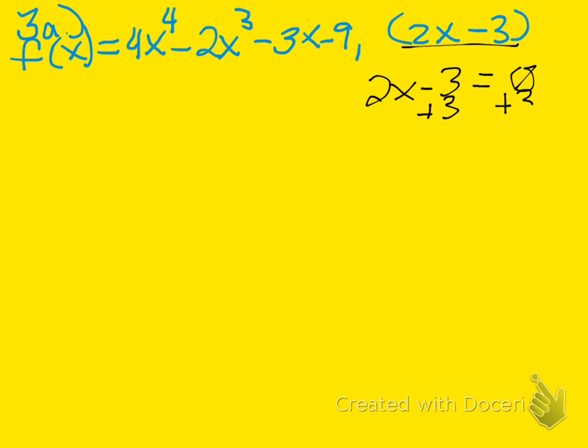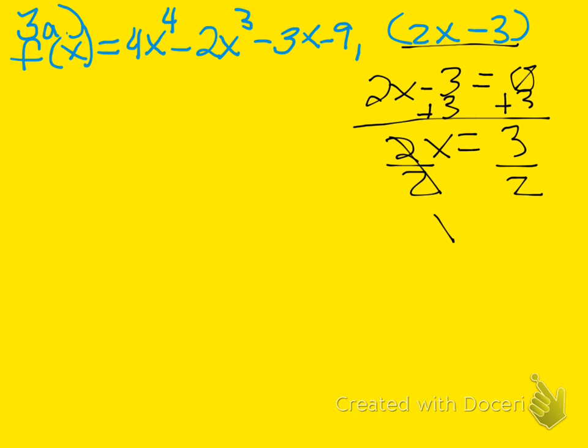To solve for x, I would add 3 to both sides, which would give me 2x equals 3. My next step to get the x by itself is to divide both sides by 2. So in this case, my 0 is going to be 3/2 or 1.5.